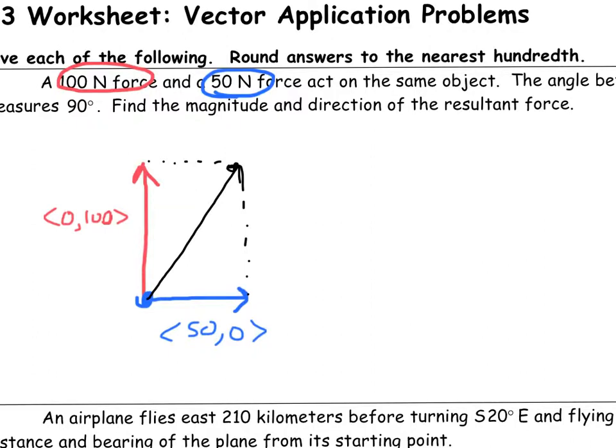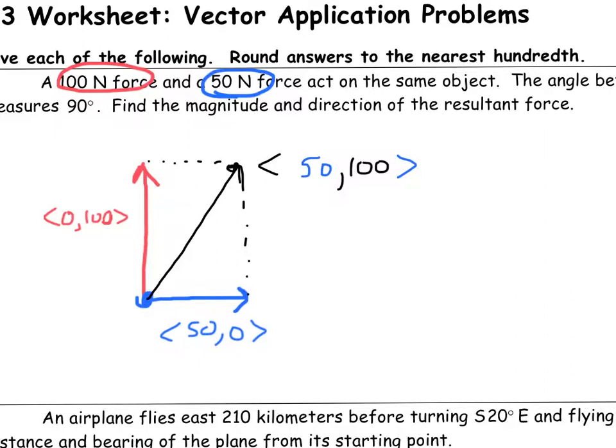And when we write that out, actually, it's not too crazy. It's at the altitude of 100 in my case. It's at a horizontal of 50. So there's my resulting vector. So that's its direction.